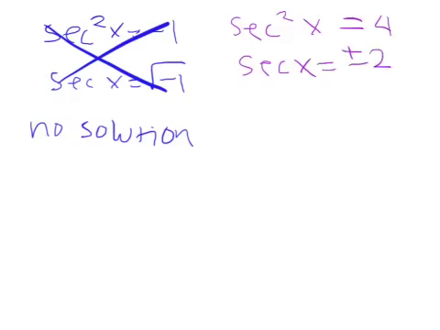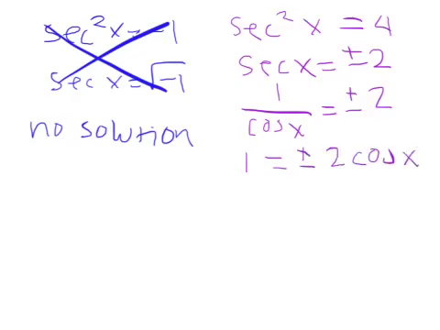And we can rewrite secant x as 1 over cosine of x is equal to plus or minus 2. So when you cross multiply, you get 1 is equal to plus or minus 2 cosine x. So you can divide this into plus or minus 1/2 is equal to cosine x.